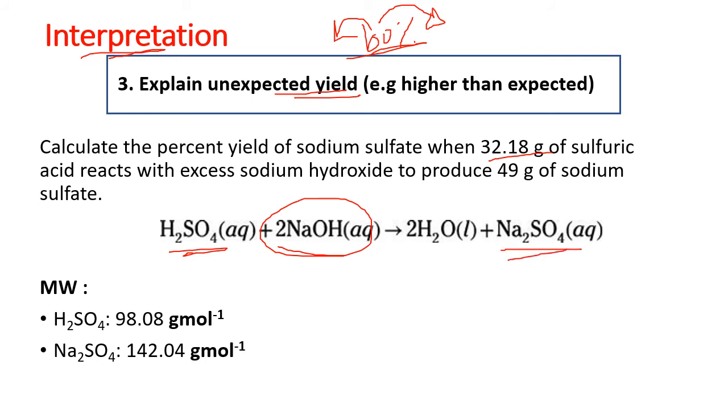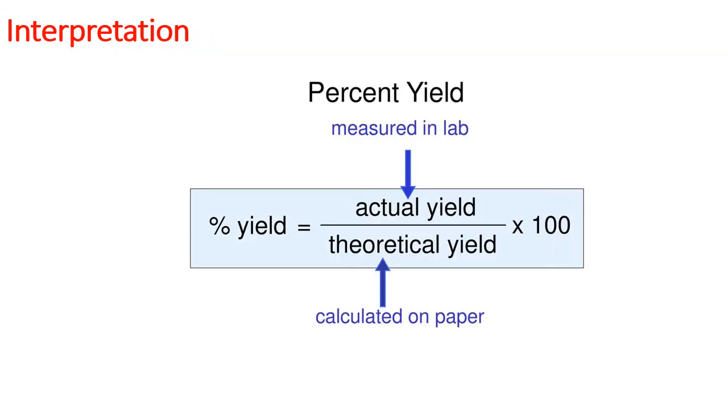So, in order to calculate the percentage yield, first I have to calculate the theoretical yield, which will give me 100% percentage yield, and then I will calculate the actual yield and compare both of them. So again, the percentage yield equals the actual yield over the theoretical yield times 100.